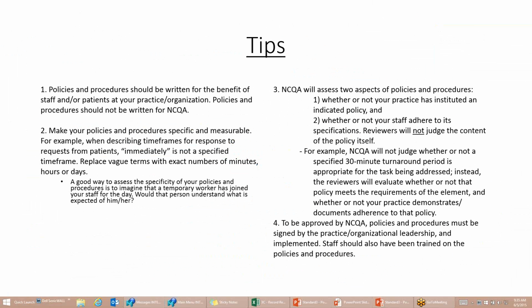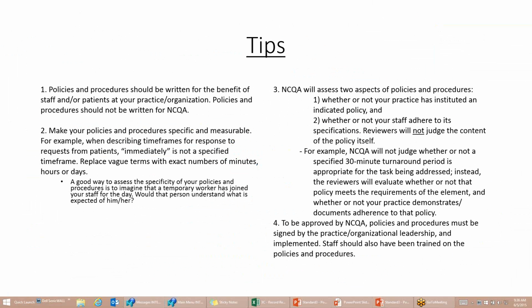The third tip, NCQA assesses 2 aspects of the policies and procedures. So the first being whether or not the practice has instituted an indicated policy, so whether you have that in place, and whether or not the staff adhere to its specifications. So again, they allow you to define time frames, and they're not looking to judge or score you on what that is for you.